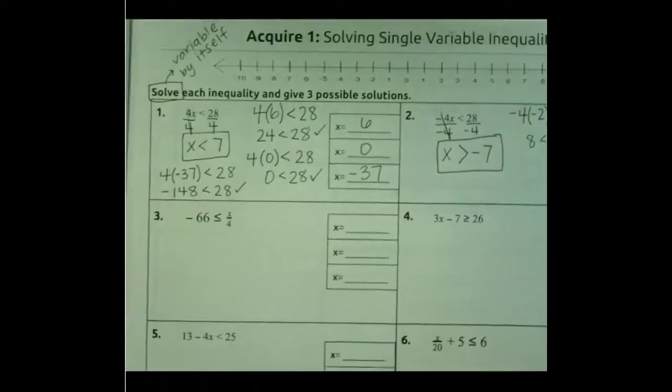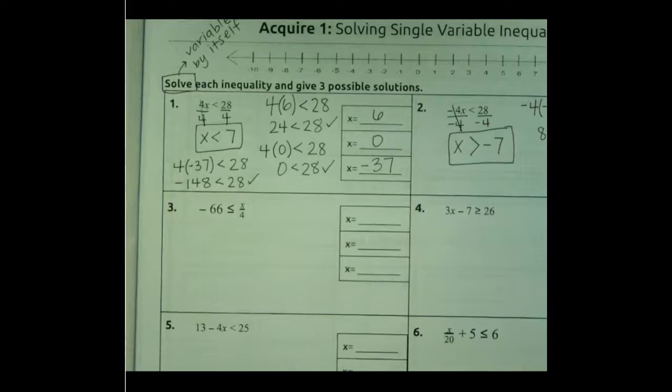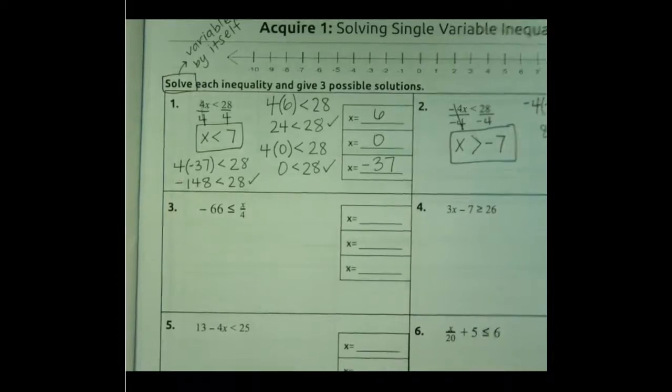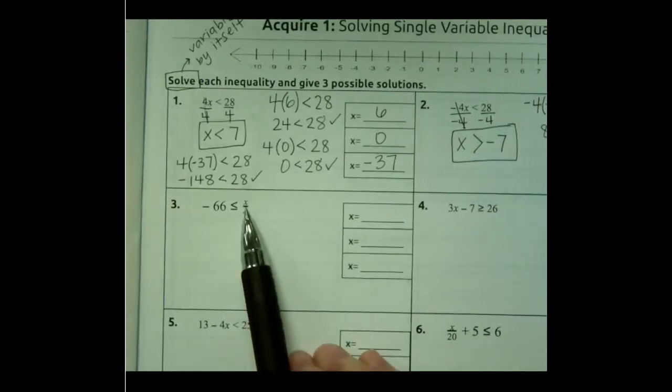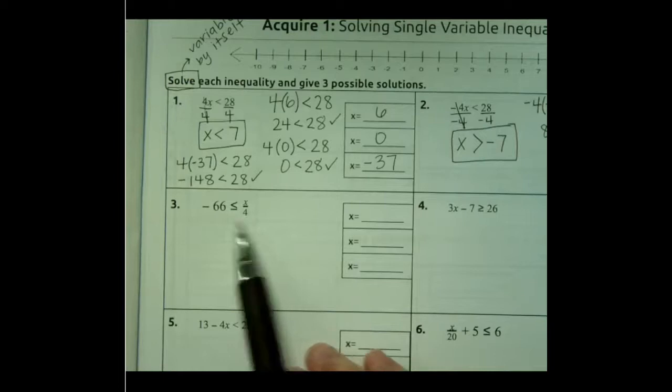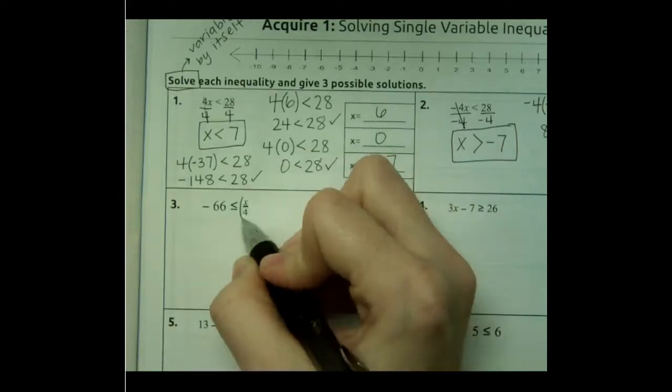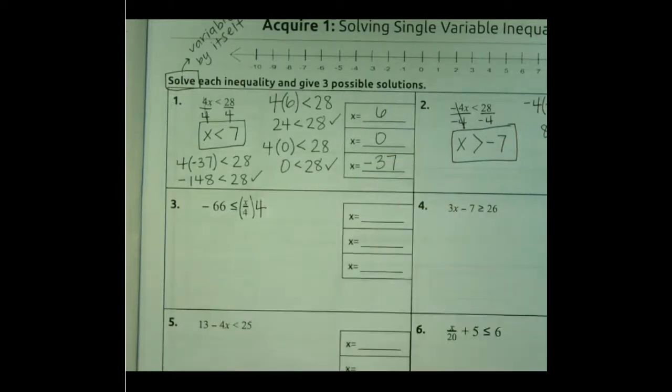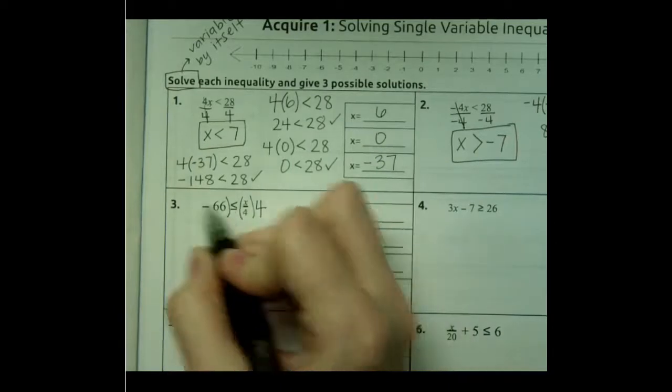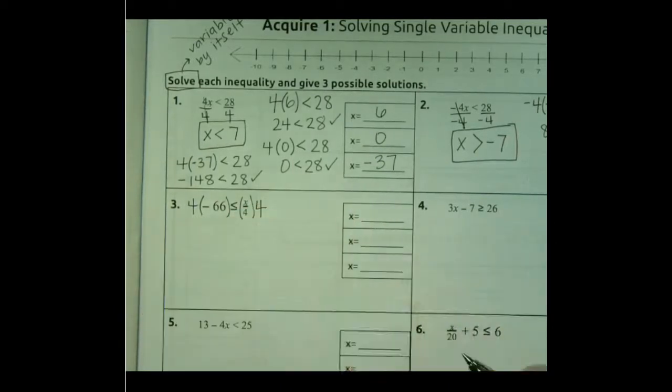Okay. On number 3. This time, the x is on this side. That's completely okay. Not a big deal. But the x is being divided by a 4. The opposite or the inverse of 4 is to multiply by 4 by every piece that we have. X over 4 is one piece. I'm going to multiply by 4. Negative 66 is another piece. I'm going to multiply by 4.